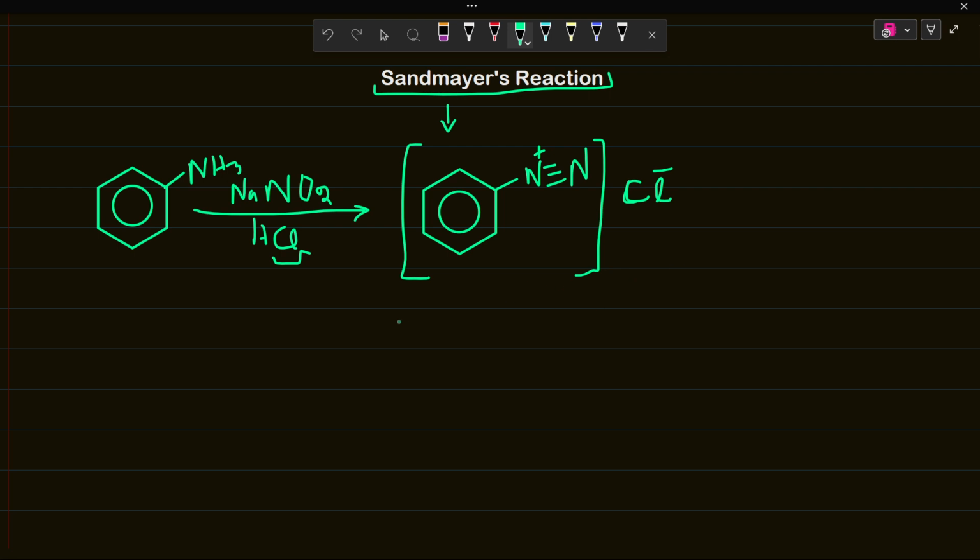Now following this diazotization reaction, we can carry out the synthesis of chloro, bromo or cyano derivatives of benzene. What will we be forming?